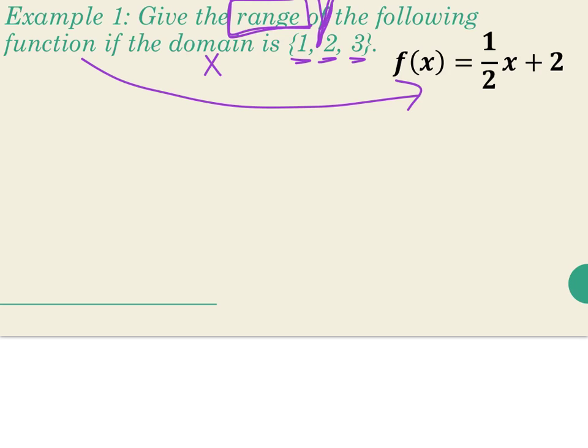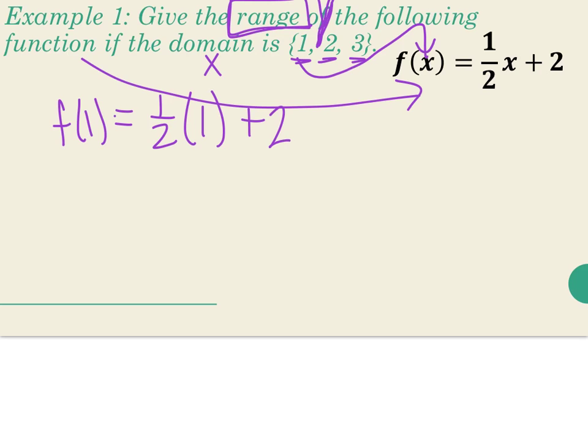So how I like to do this is I say, this says f of x is equal to 1/2 x plus 2. Well, I'm going to figure out what f of 1 is. So I'm replacing every x that I see with a 1. So f of 1 is equal to 1/2. Instead of writing x, we're writing 1, because that's what we're feeding our function. And we're going to see what comes out.